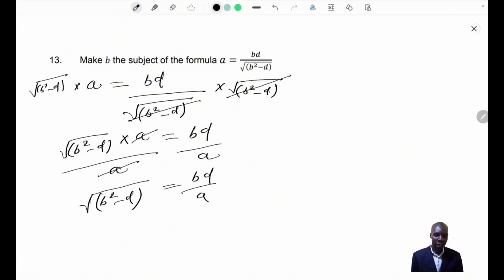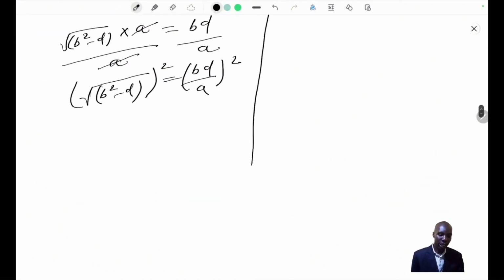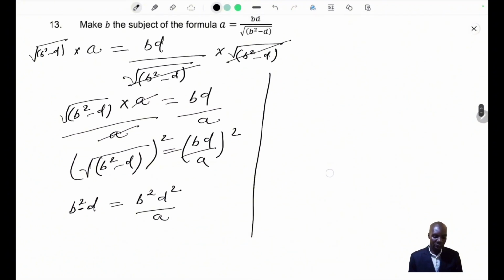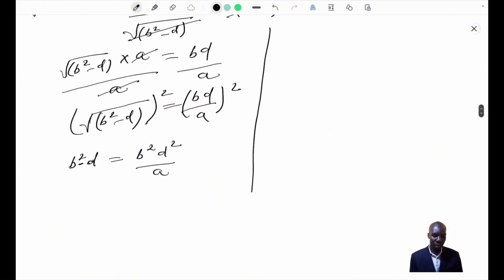I want to do away with the square root, so I square both sides. If I square both sides, on the left hand side I'll have b squared minus d, which should give me b squared d squared over a squared. So what was our aim? Our aim was to make b the subject of the formula.